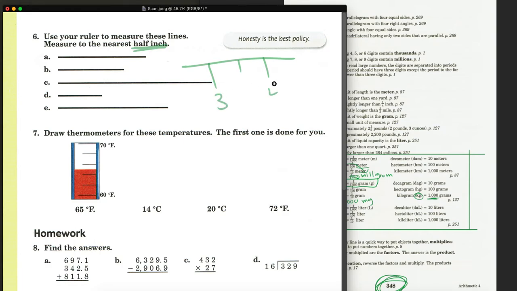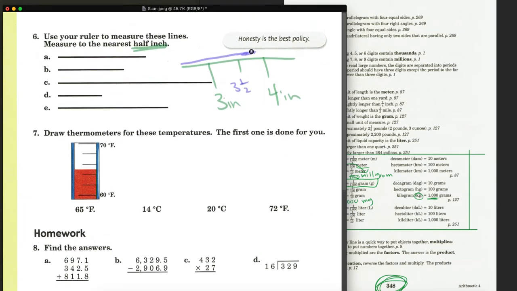So if you measure this, imagine this is a ruler here, and let's say the line stops a little bit past the half-inch mark, then you would say it's 3.5 inches. Even though it's past the half-inch mark, you would write it down as 3.5 inches. Same thing if it's really close.